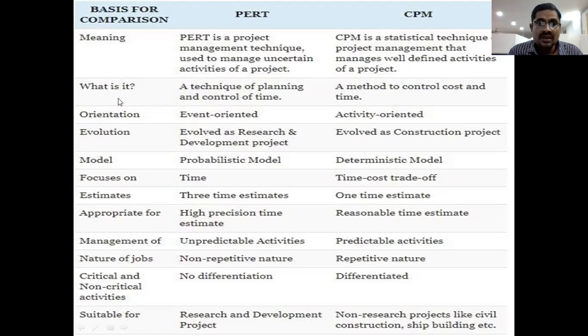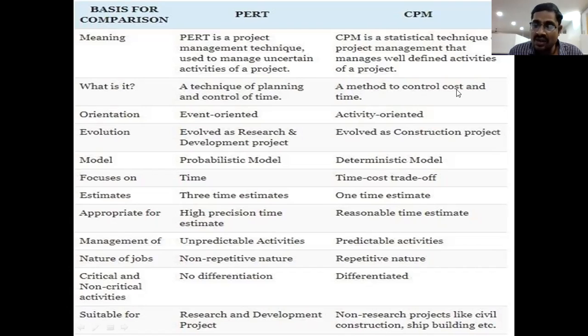So look at this difference between the CPM and PERT. PERT is a technique of planning and controlling of time only. Here in the CPM, planning and controlling of cost and time, both.